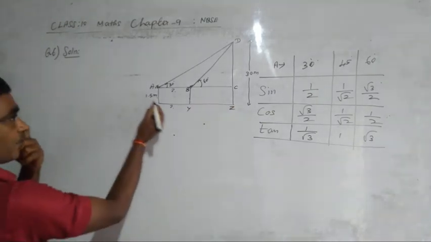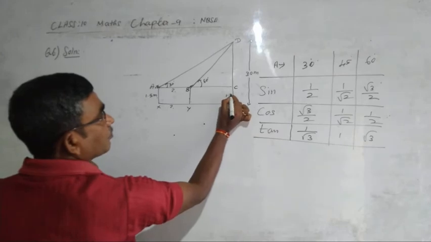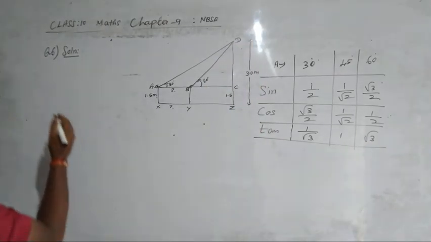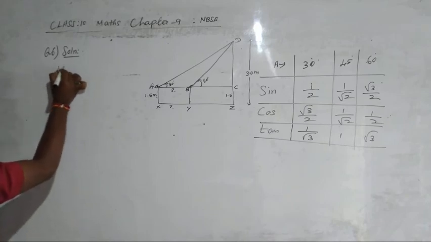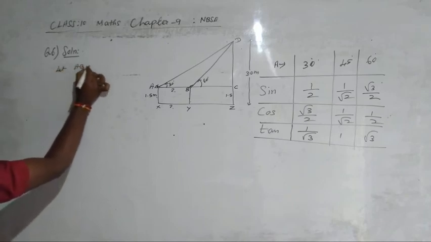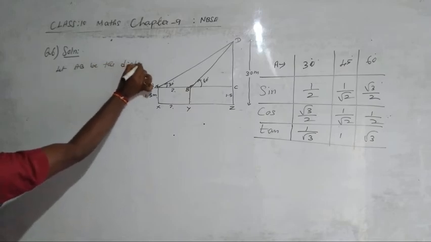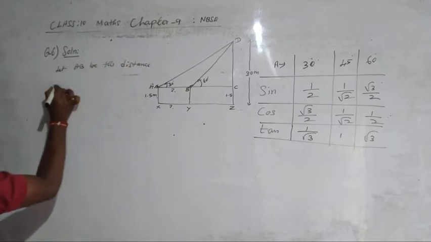So this is 1.5 meter. This also must be 1.5. So we can find out the CD length. Listen now. Let AB be the distance walked by the boy.